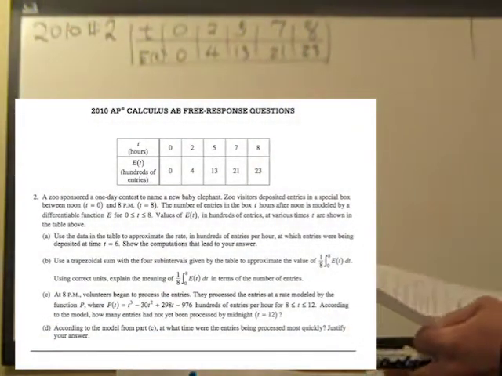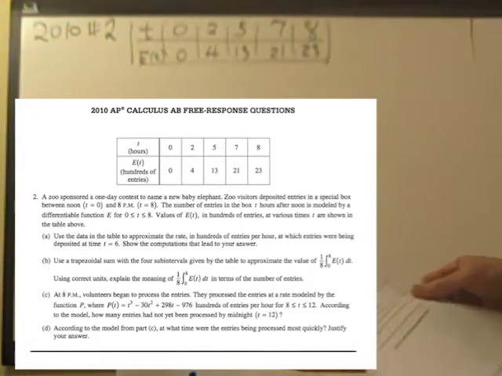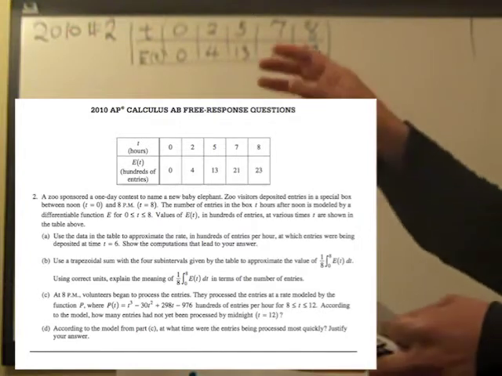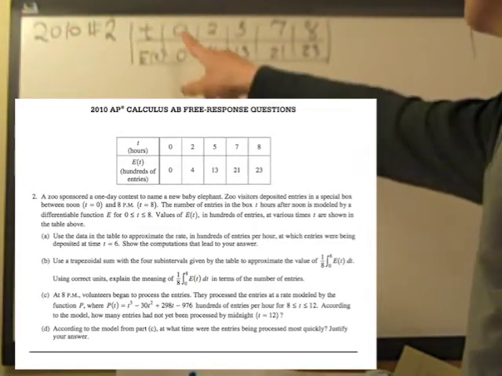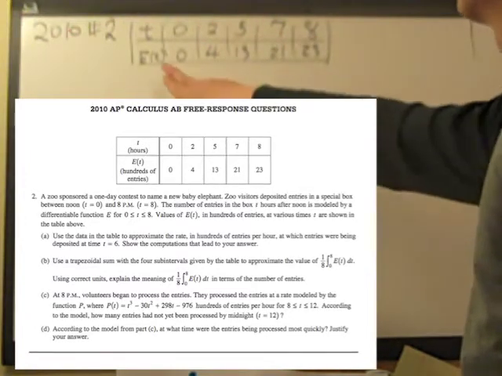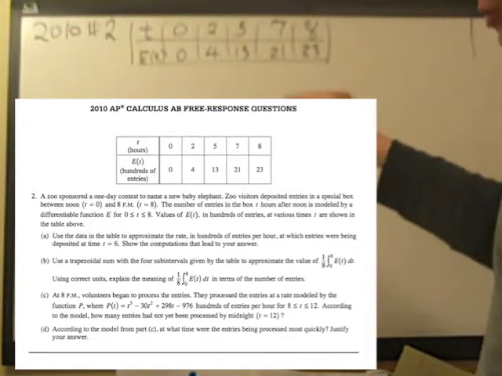Okay, right now I want to talk about 2010 number 2 from the Calc AB free response. Here in this problem is given to us this particular table with t from 0 to 8, and these are very specific values. And then you have E of t: 0, 4, 13, 21, 23.